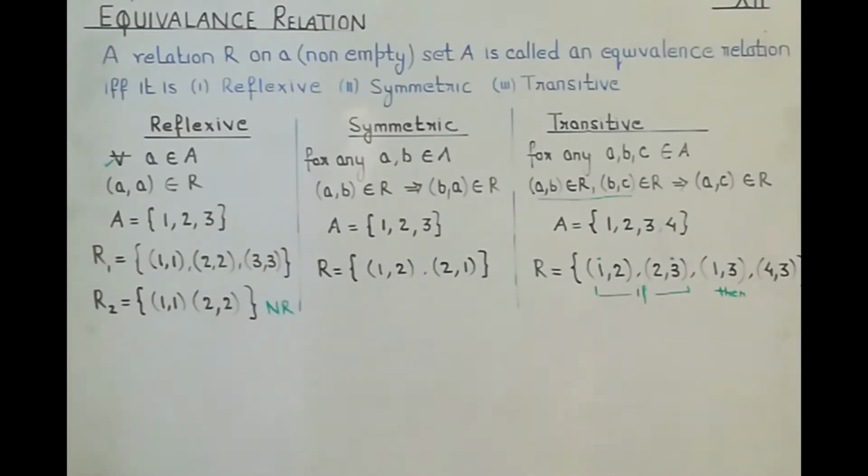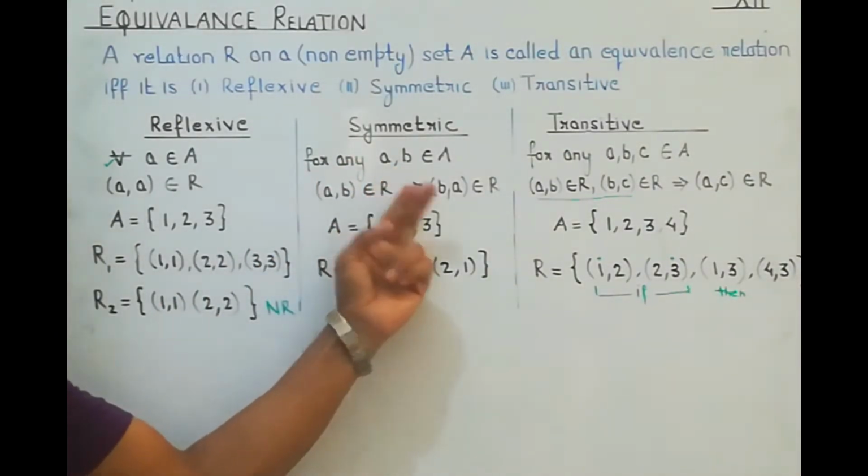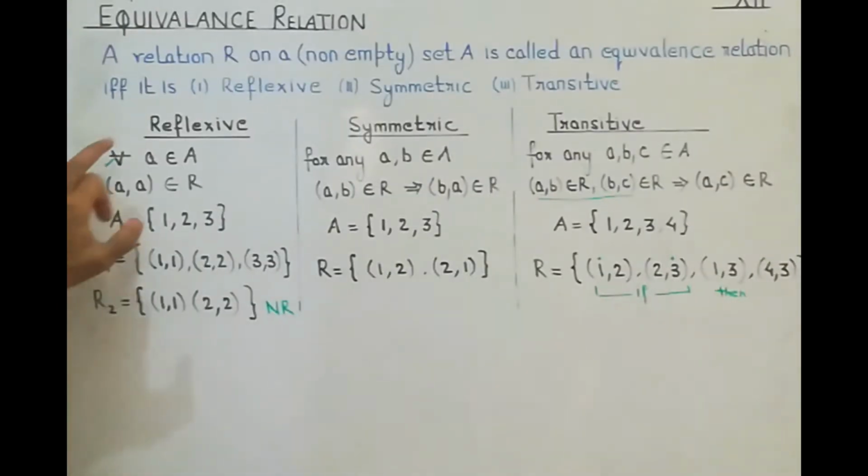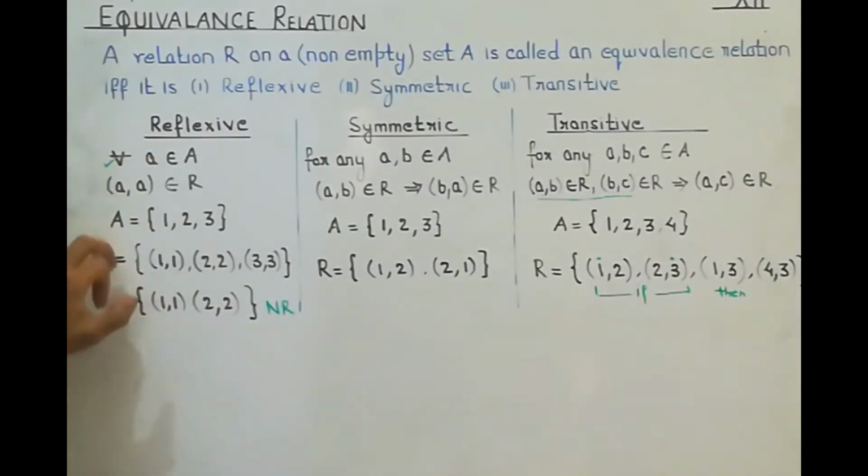So (4, 3) is not having any if relation, so we will say that the given relation is transitive. Remember, in symmetric and in transitive, we can take any 2 elements or any 3 elements. But in reflexive, you have to take the relation for all the elements.